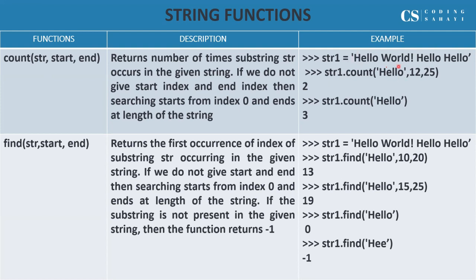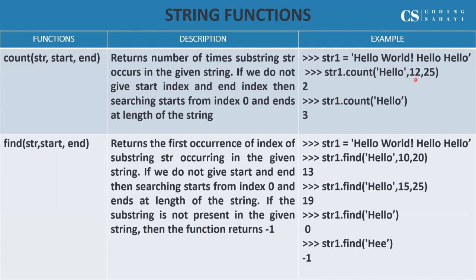So here 12th position means you have to count from here like 0, 1, 2, 3, 4, then space 5, 6, 7, 8, 9, 10, 11, 12. So from this space till 25. 25 may or may not be in our string, but still it gives the output. Okay, that means here hello hello 2 times it is there, so this 2.